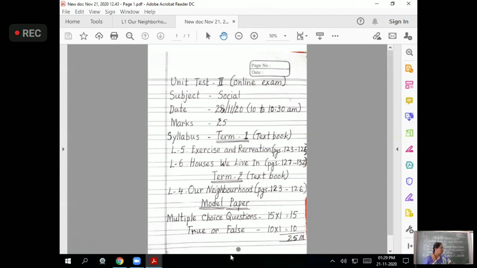Because any sentence that is given in MCQ or filling the blanks can come as MCQ or true or false. So that's why pages are mentioned. So prepare well for your exam. Yes children, please take the screenshot.